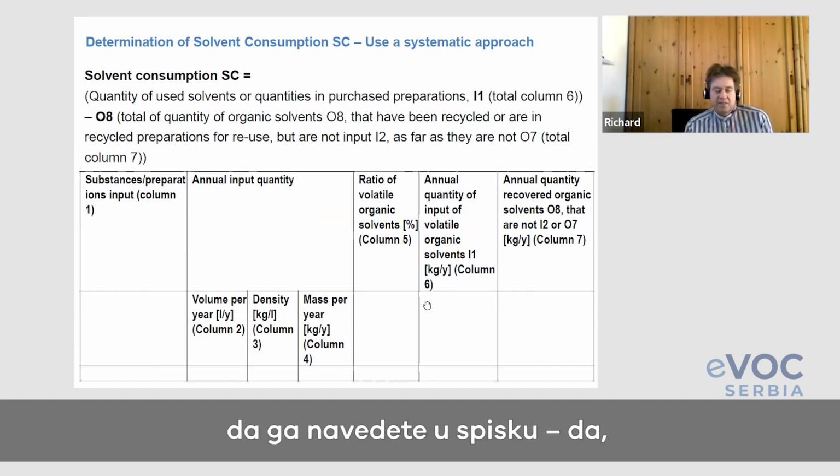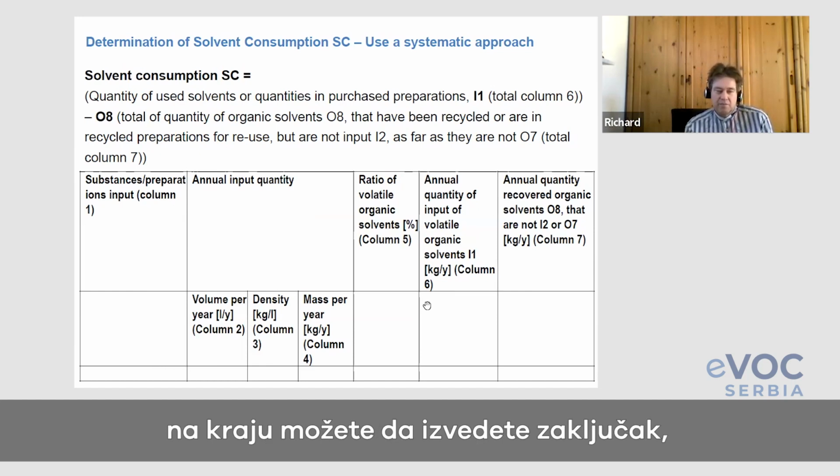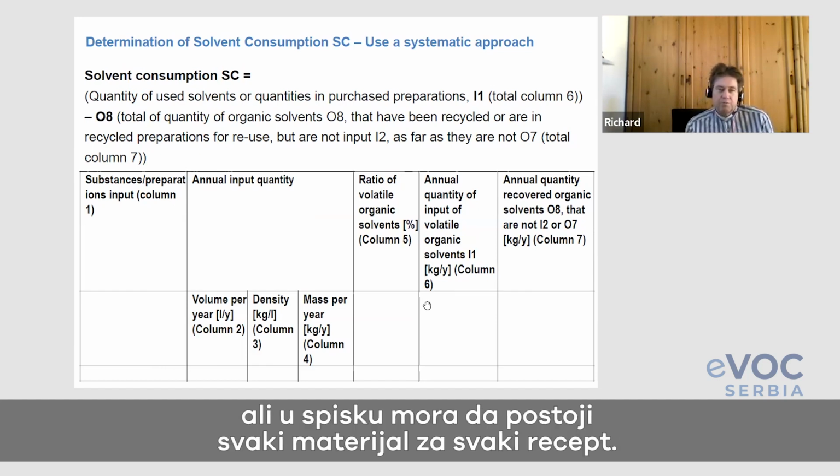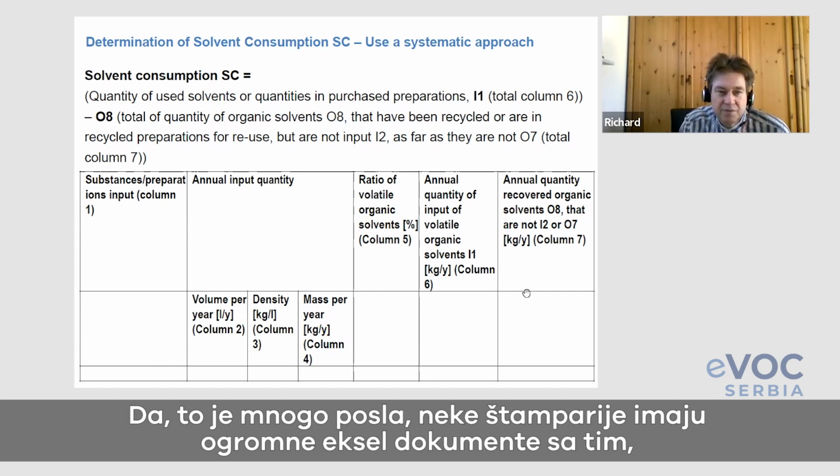You have to list it, and at the end you can do something like a conclusion. But you need to list really every material that you're using for the different printing recipes, for all materials that you're using.